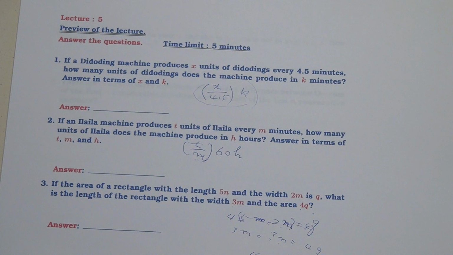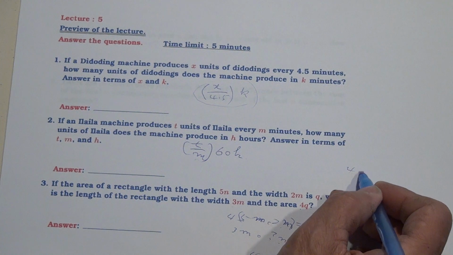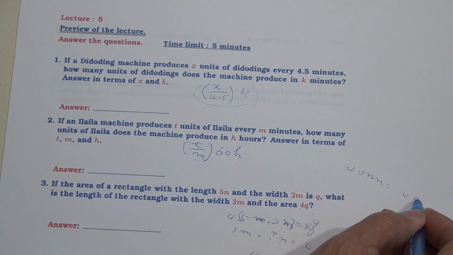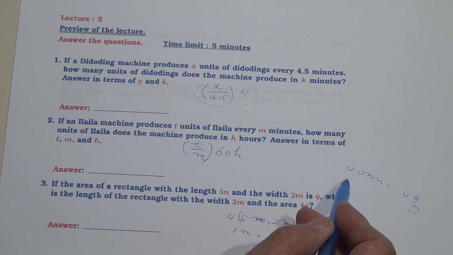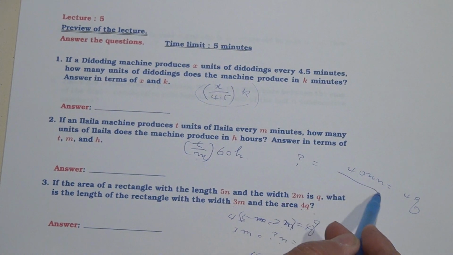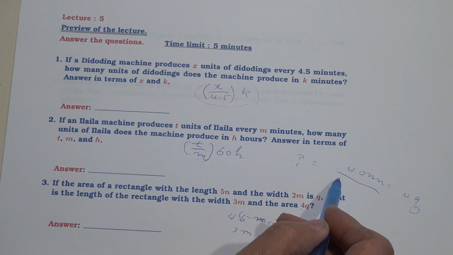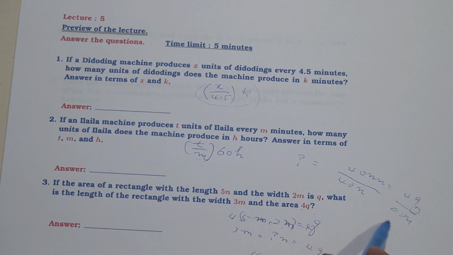So 40mn is 4q. Then to get the answer, you just divide. You leave the question mark only. Question mark only will be divided by 40m. Then the answer you will get is just n, right? Very simple.